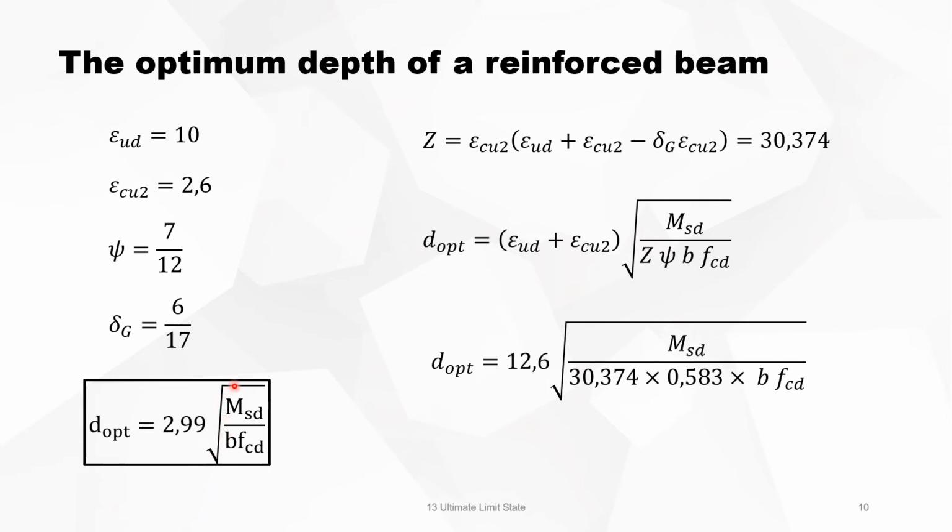The most simple way to approach this equation is to fill in the bending moment in kilonewton meter and multiply by 10 to the power 6, b in millimeters, FCD in megapascal. At that moment, your answer is in millimeters. So just take care of the units when using this formula.